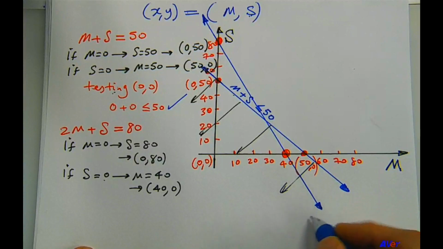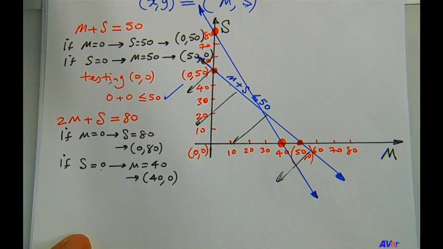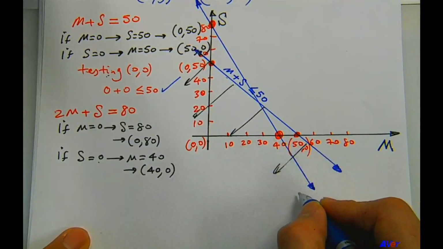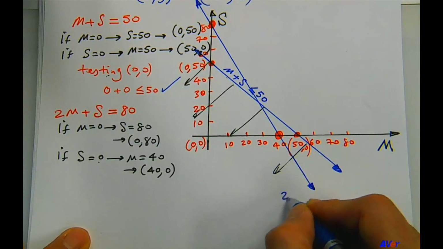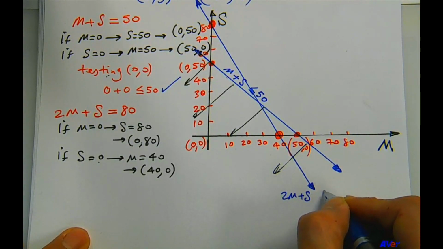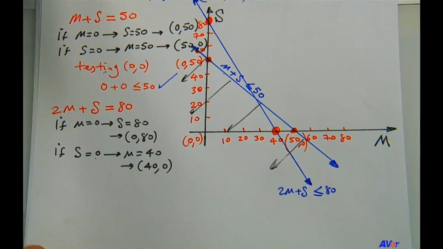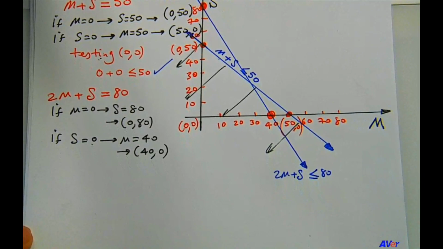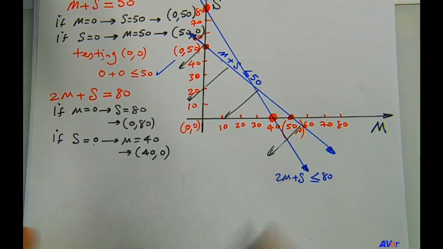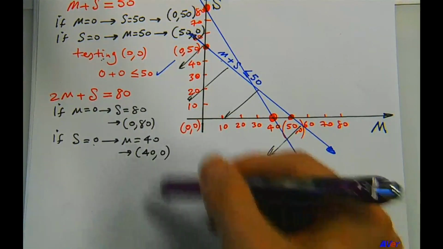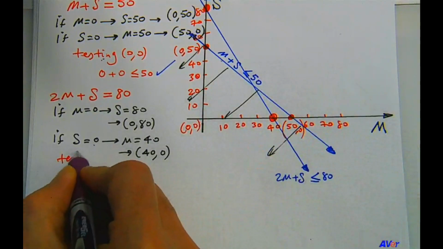Here, I'm just going to write the inequality that is associated with this line right next to it. So 2m plus s less than or equal to 80, right? Okay, so now we have to pick a test point to see which side of that line is the solution.